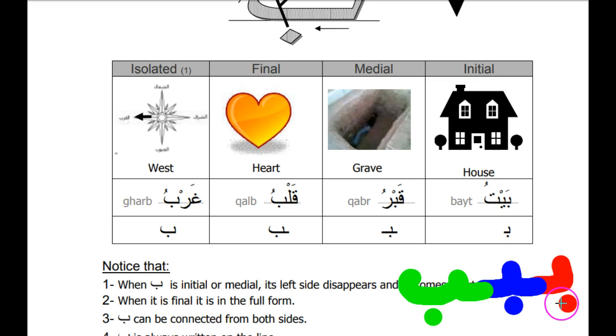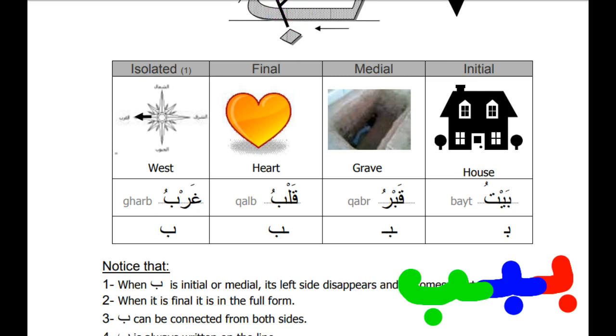Yeah, so we have ba at the beginning, ba in the middle, and ba in the end. And when it's isolated, it looks like in the example gharb. Gharb means west. Why is ra on its own? Well, because ra, we will see it later on, is one of those letters that do not like to mix with anybody, so she just has to come here on her own.